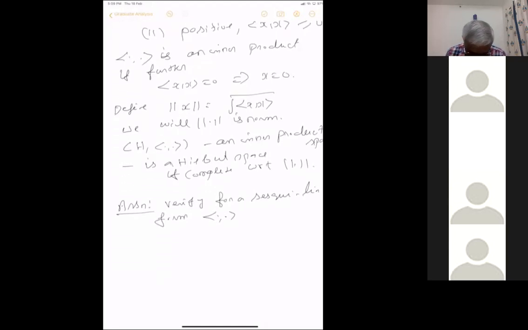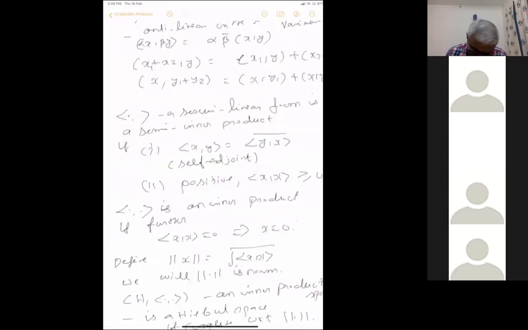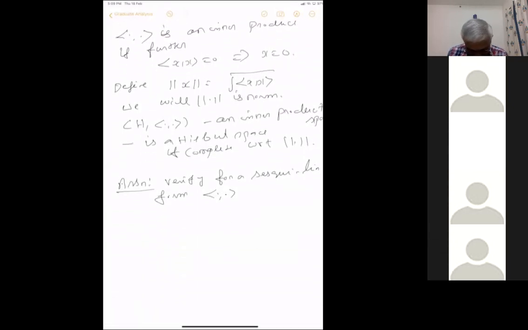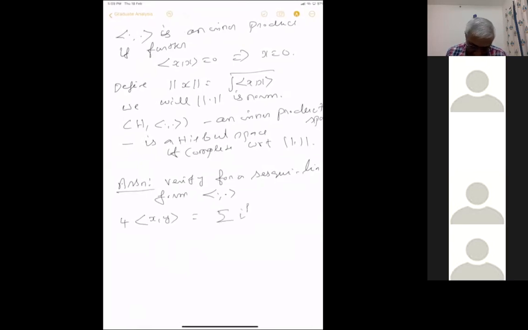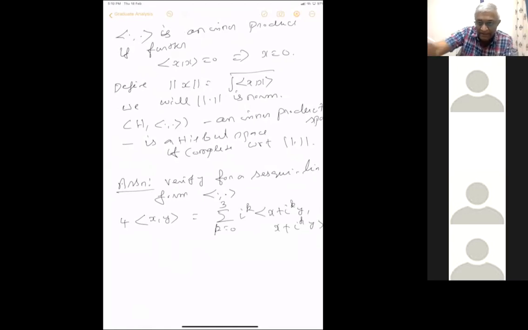What do you have to verify? 4 times the inner product of x and y equals the summation of i to the power k times the inner product of x plus i to the power k y with x plus i to the power k y, for k equal to 0 to 3. Here i is the complex number i, and k is a variable in the summation.